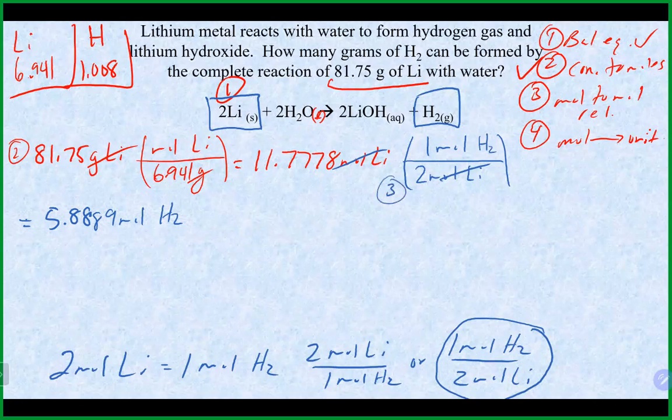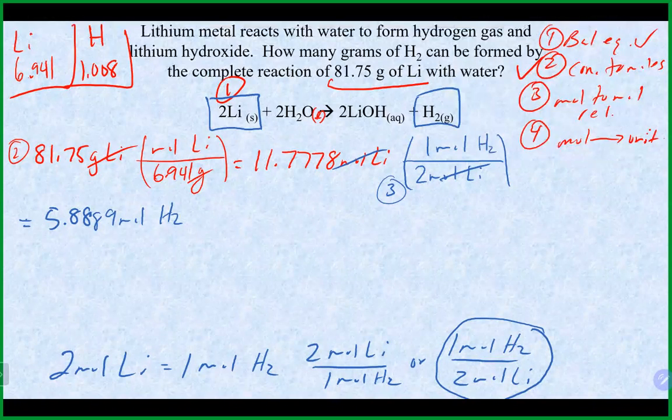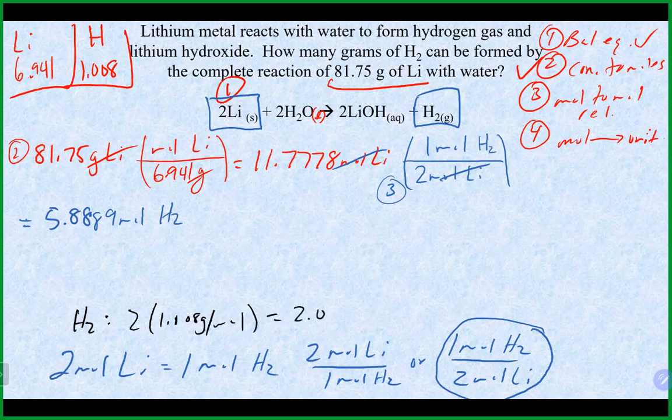In this particular case, we do need to do step number 4 because we're not looking for moles as our final answer. We are looking for grams. So we do need the molar mass of H2 in this case, remembering that we have converted over to H2. So we would go back to the periodic table for H2, and that would give us 2 times 1.008. And that's like 2.016 grams per mole.